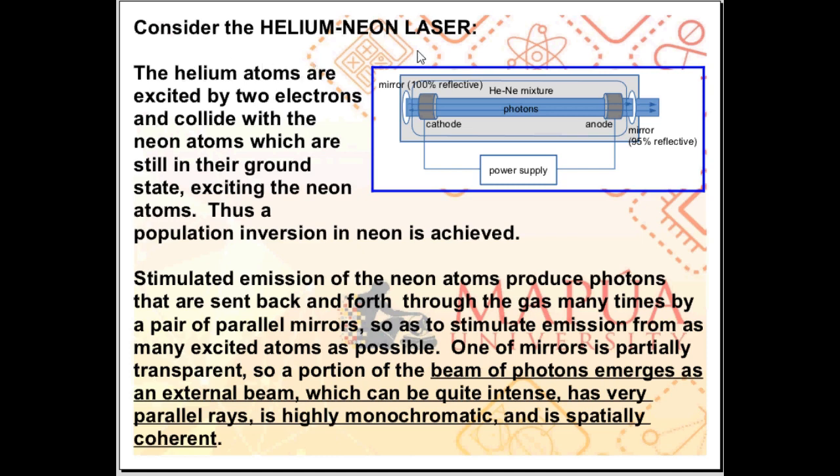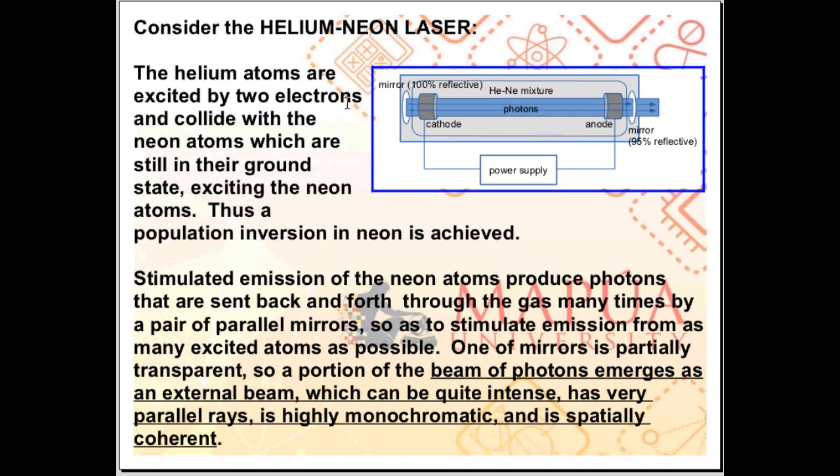So let's take a look at how the helium neon laser introduces population inversion into the system. You have helium and neon atoms, so a helium neon mixture. The helium atoms are excited by two electrodes.